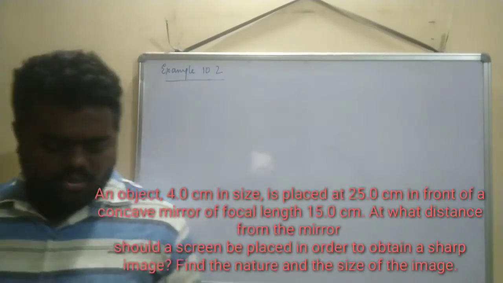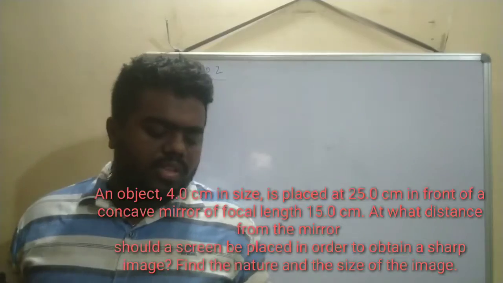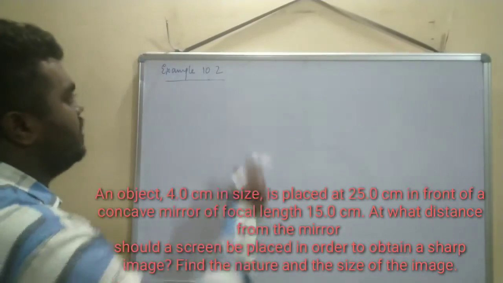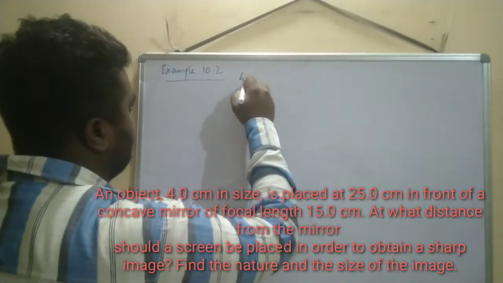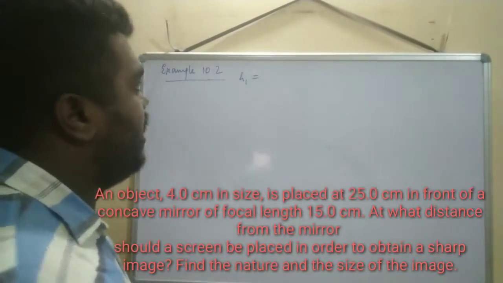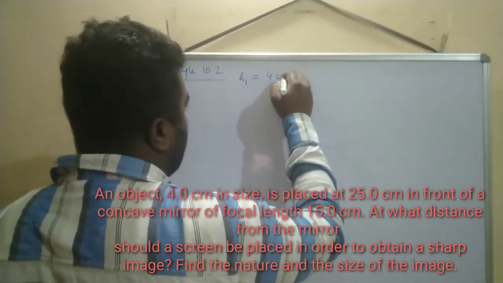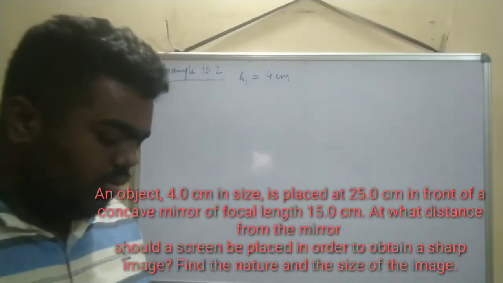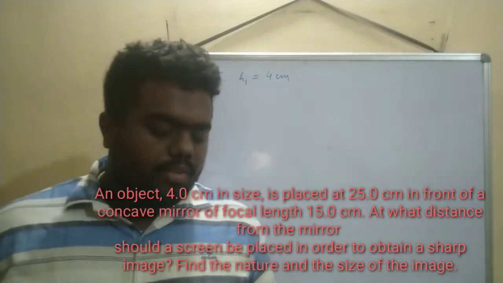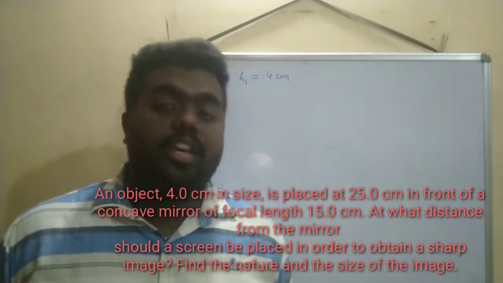It says an object 4 cm in size. The size of the object I am taking as h1, the height of the object is h1, and the height of the image is h2. It is 4 cm. Now it is placed at 25 cm from the concave mirror.